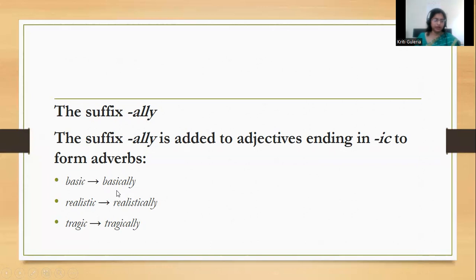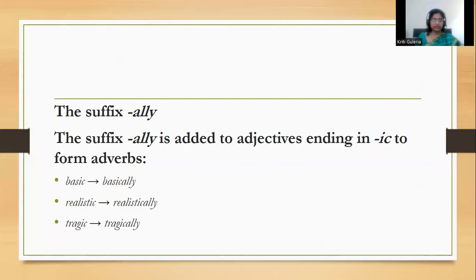It becomes the adverb form. Then realistic, an adjective again ending with IC, will add ally, making it realistically, which is an adverb. Tragic, again IC changes into ally, tragically. Again, this adjective forms an adverb. So where any adjective is ending in IC, it changes into ally.